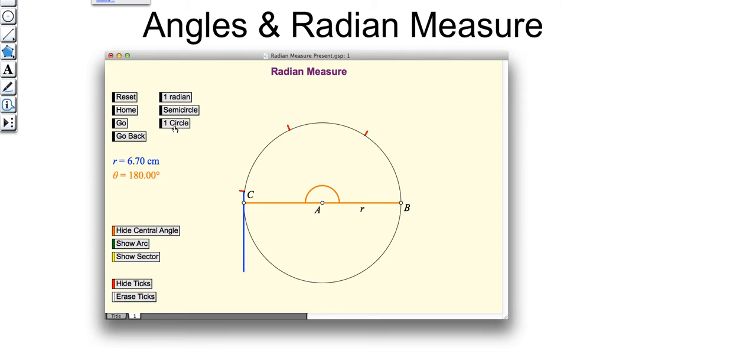And if we go through the full circle, 360 degrees, that's going to be equal to 2 pi radians. And that's because the radius will fit around the circle exactly 2 pi times. The circumference is equal to 2 pi times the radius. So, how does this help us?